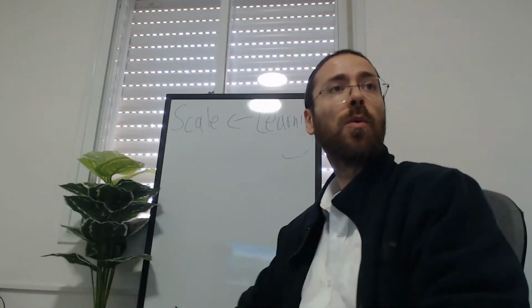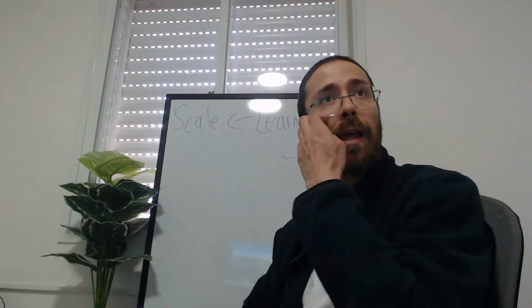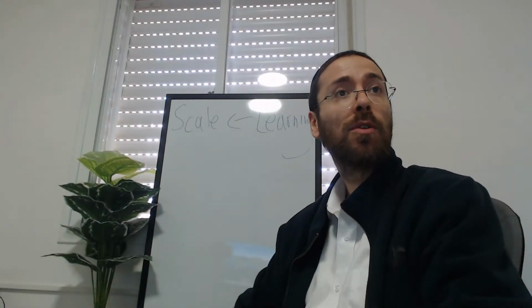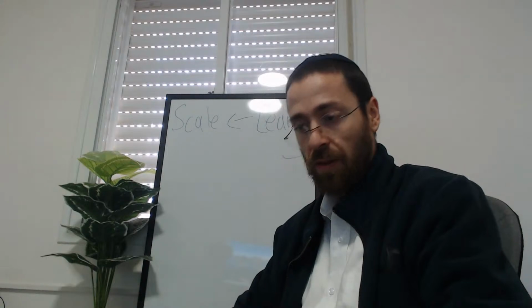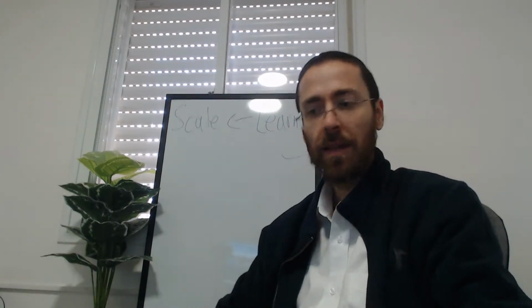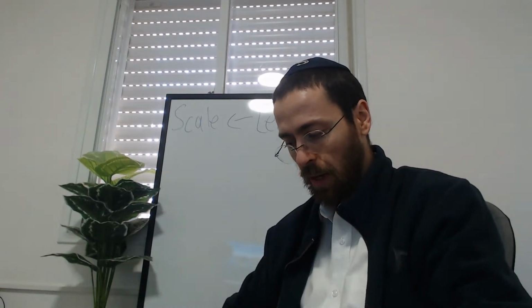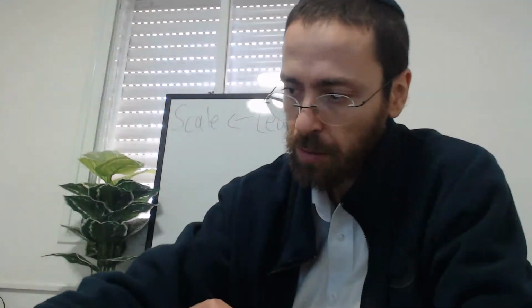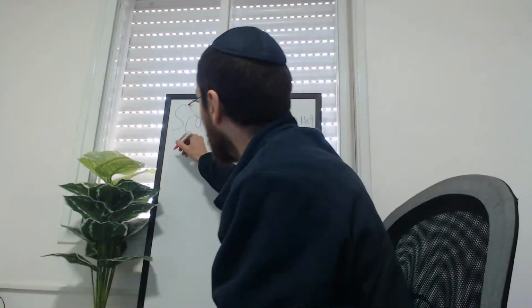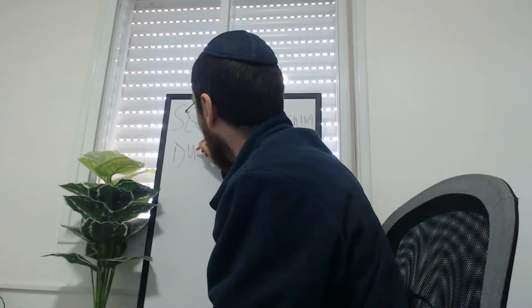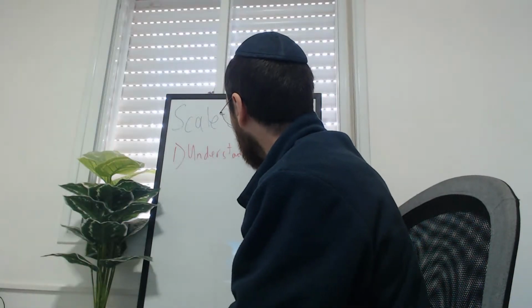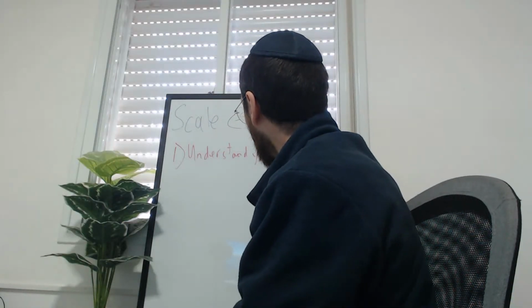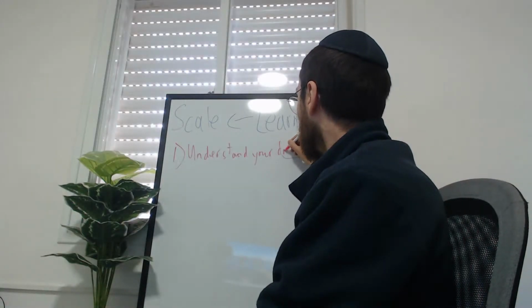If you don't understand what is going on in your ad account, then you're not going to be able to do anything to improve. So the first order of business is to understand what the data is saying and what it means. And so let's put that down. Understand your data.